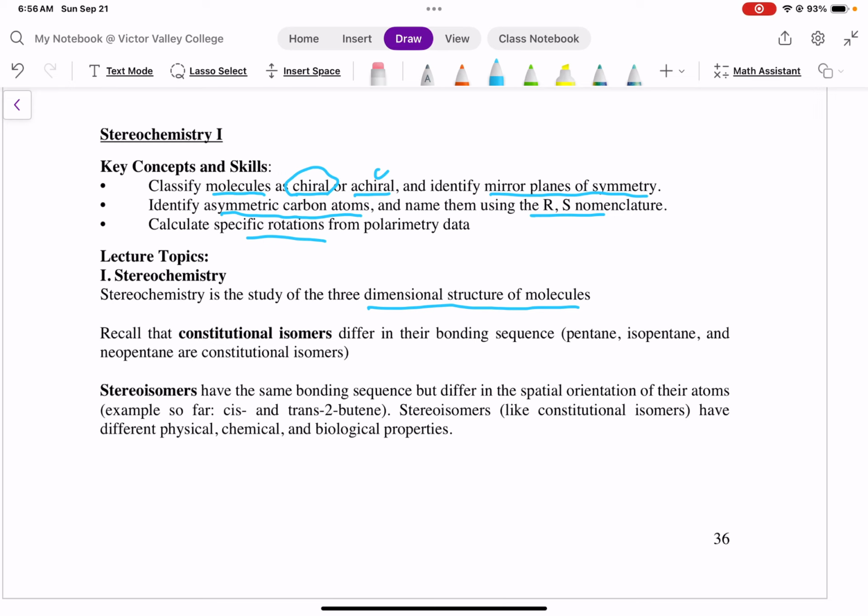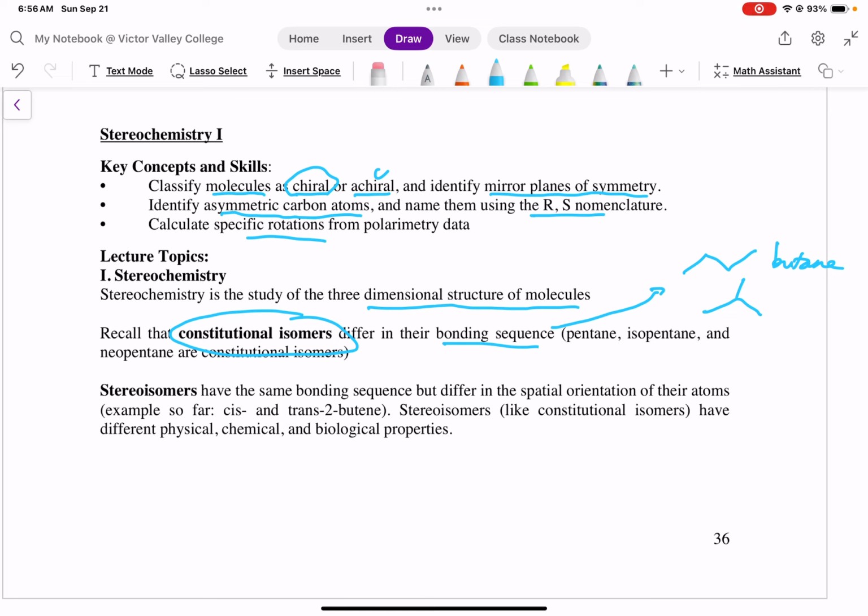Now remember constitutional isomers, that's structural isomers. That's different in bonding sequence. Meaning when you have butane and you disconnect the last carbon and you stick it right in the middle, that will be an isomer.